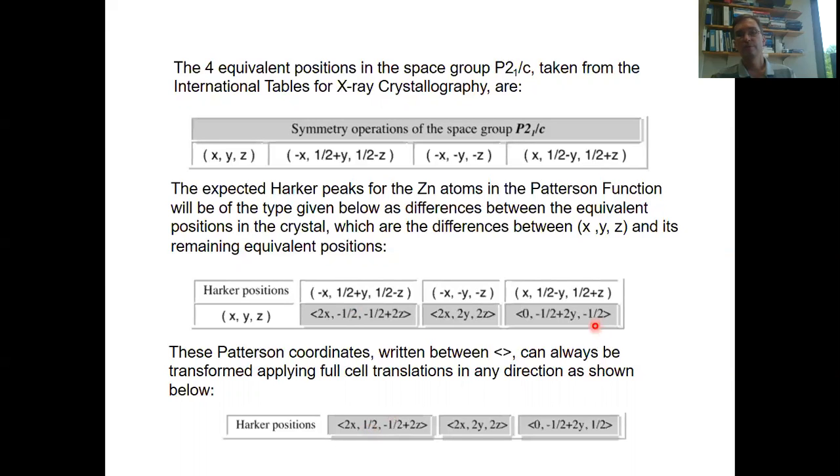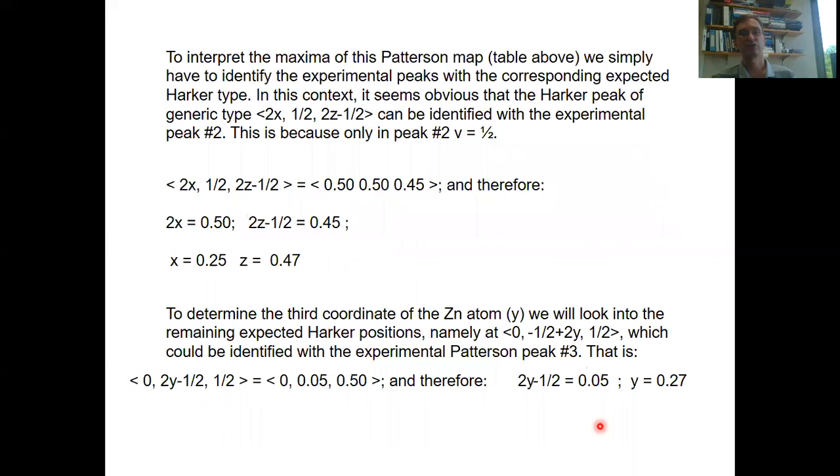So we can also do this with this position here. If we now translate by a full lattice parameter in the z direction, then minus a half plus 1 will be plus a half. It should be equivalent to minus a half. So then we eliminate these two negative values here, make them positive values. And that is useful because now we can relate these values to the peak positions in the Patterson function.